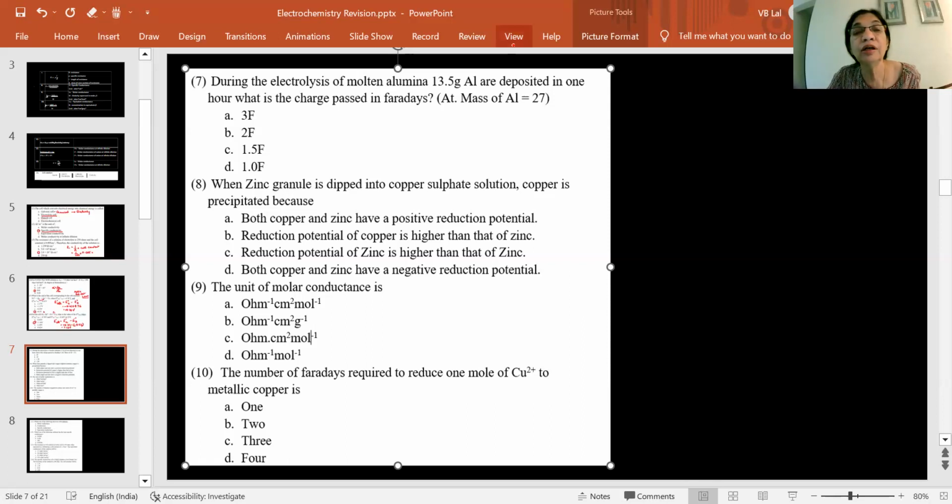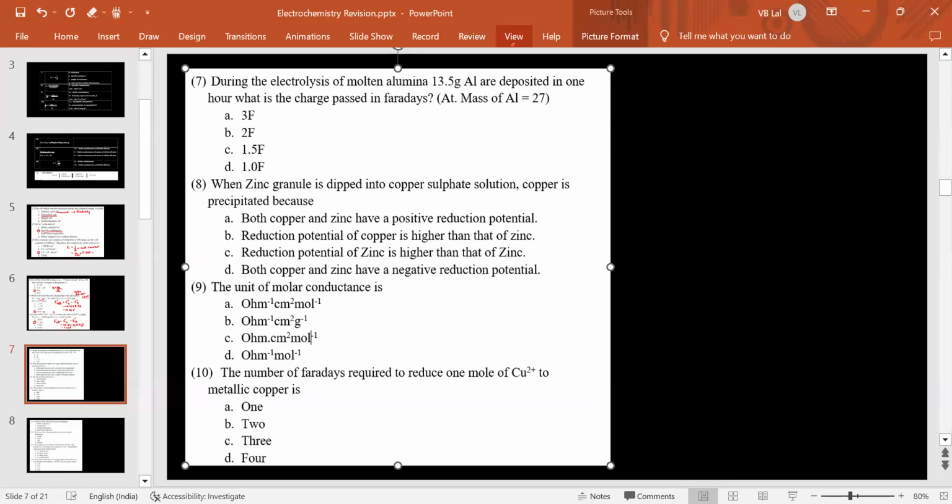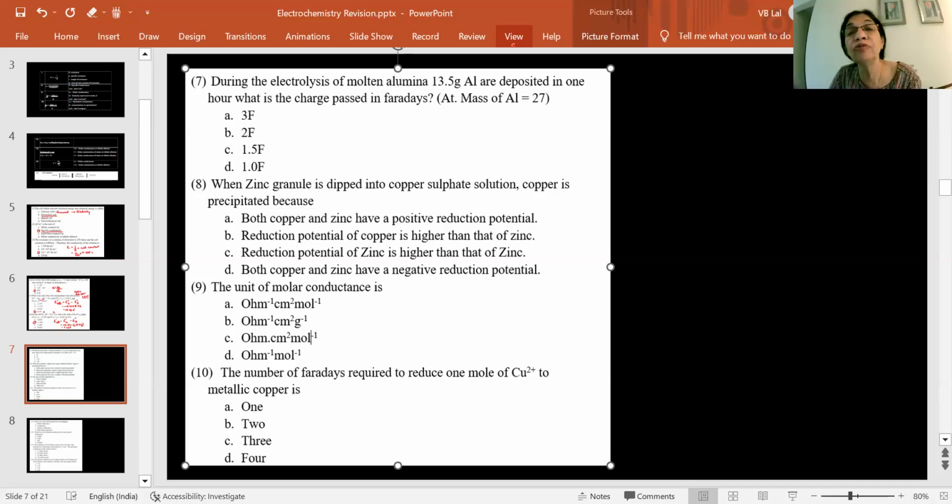So what did we learn? Can somebody answer? Sai Kalyan, can you tell me? Faraday's first law we should use. No, it is 13.5 grams only. That you should remember.